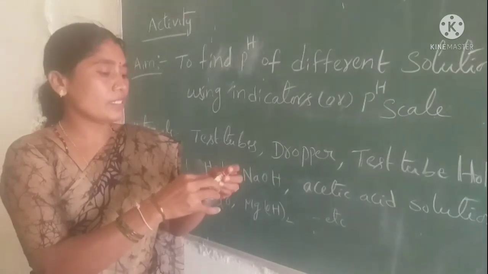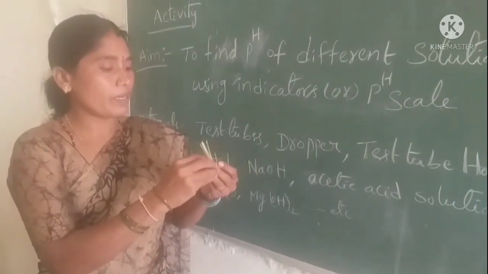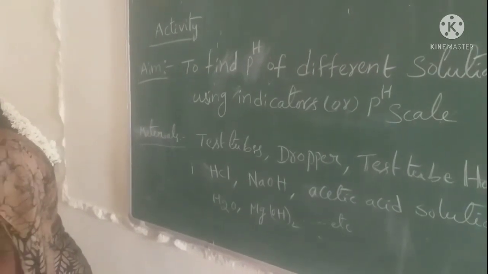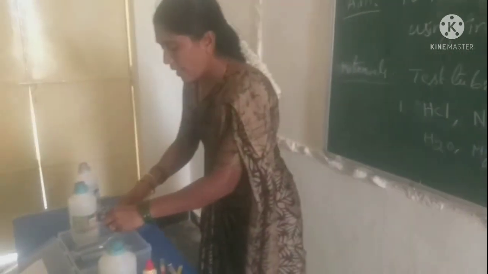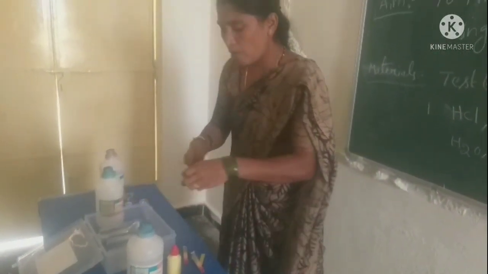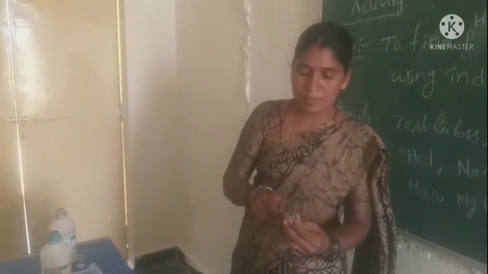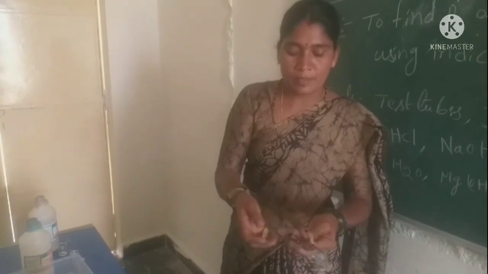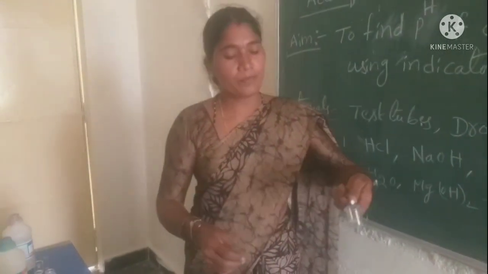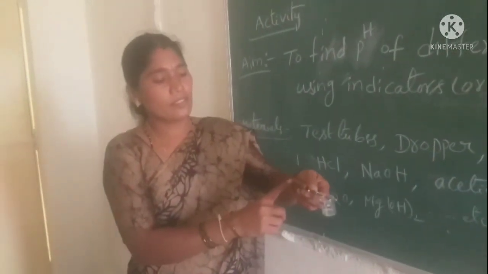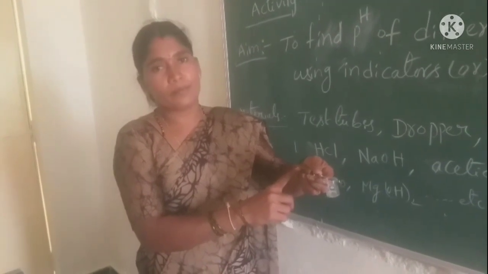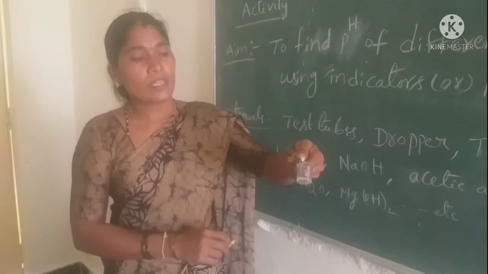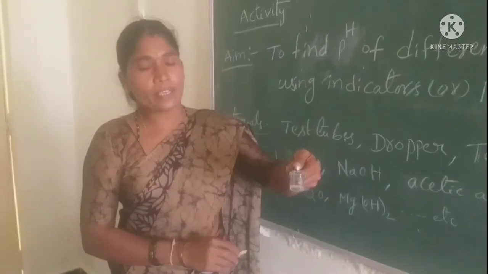Now take the universal pH paper. Take a test tube. This is the test tube holder. Take some drops of HCl, hydrochloric acid.